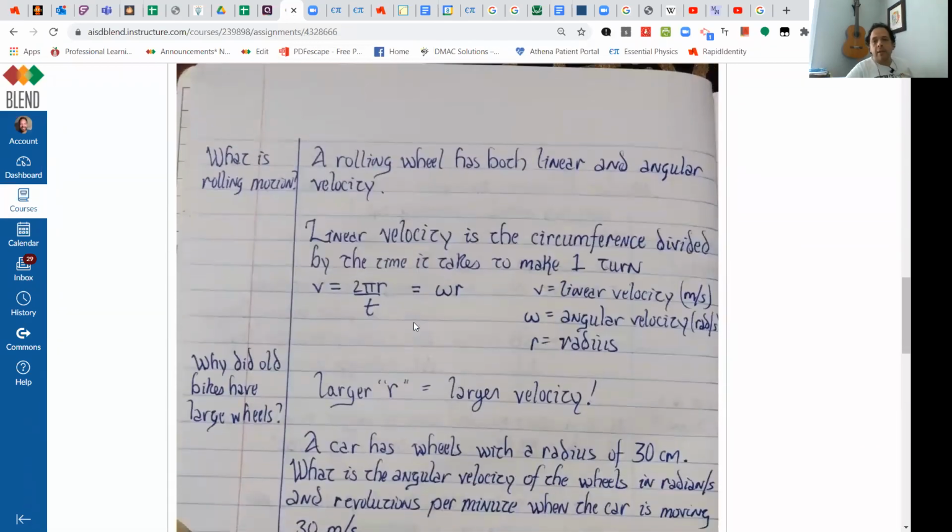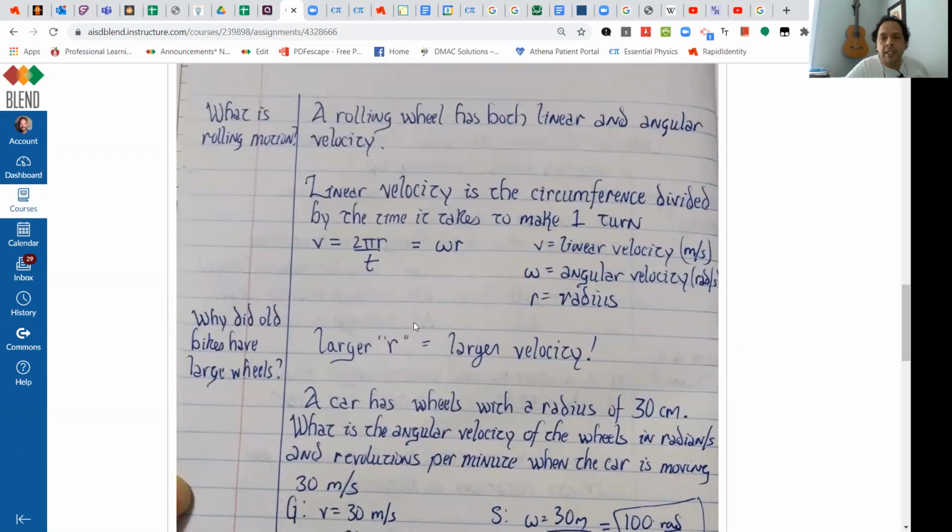And then we have linear velocity. So this goes into how fast the wheel is moving in a line.